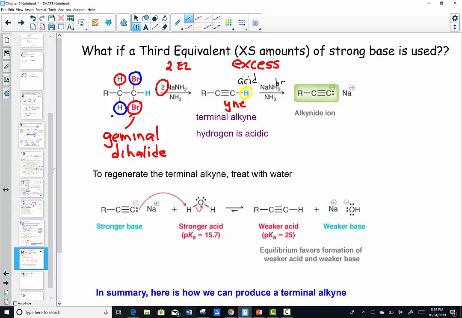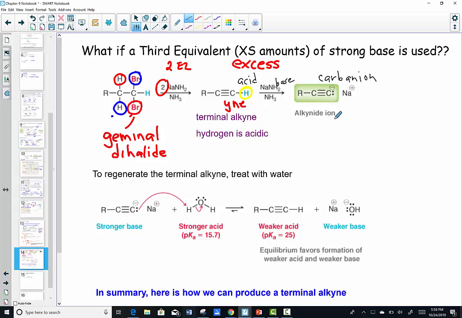And this is very much a basic equivalent. So we're adding a base to a very acidic proton of an alkyne. So if I cannot control the amount and I have excess amounts, we'll go all the way to the carbanion formation. Notice that we have the negative ion forming, the alkynide ion.